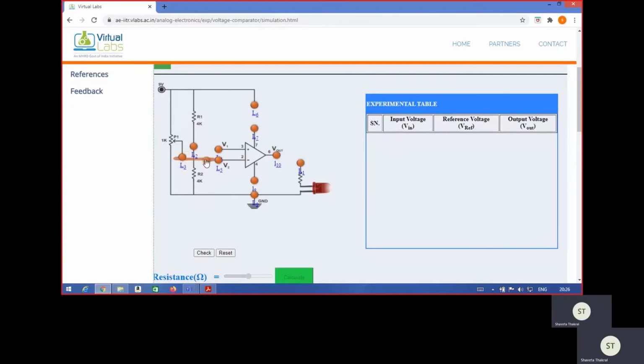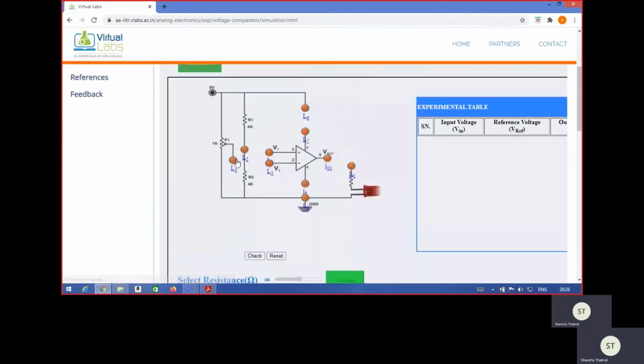So we click on this and drag it to this node. We can refresh it, because we need to make the connection between node 3 and 5. So we click on this and drag it to this. So we have the first connection.